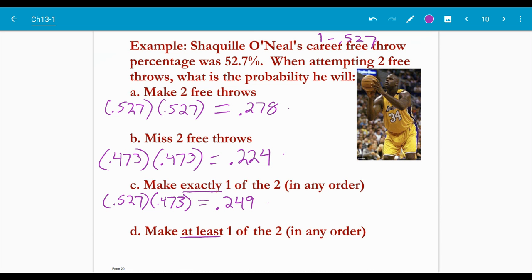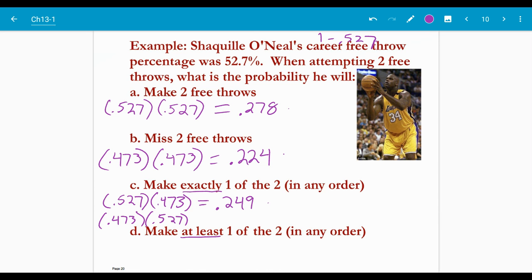And the reason here is that the order matters. This calculation that we just did was that he makes the first one and misses the second. We also need to consider that he misses the first one, 0.473, and makes the second one, 0.527.